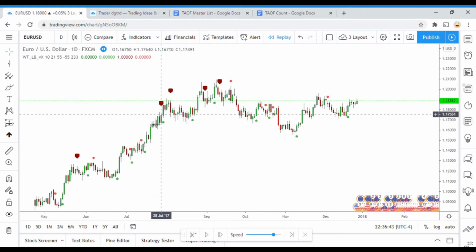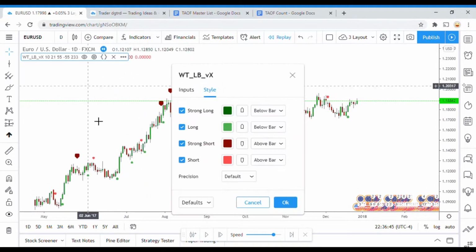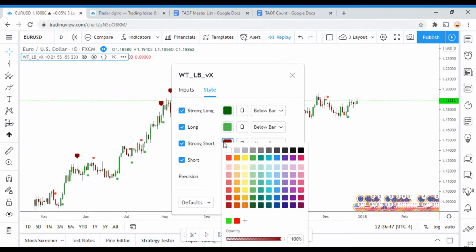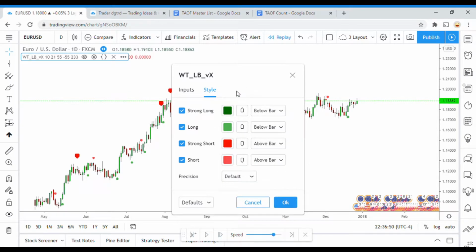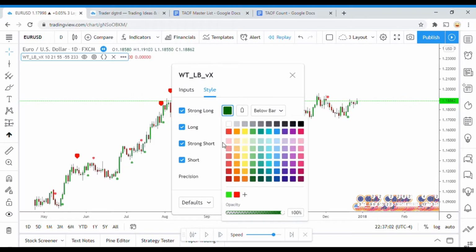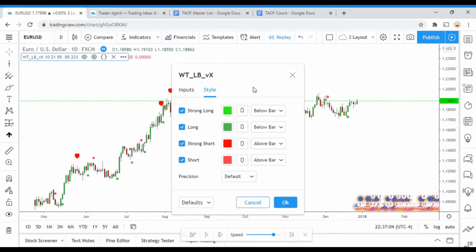It is pretty simple. I'm going to change this, and this is just me being super nitpicky. I don't know why, but when I want a signal to go short, I want it to be red. I don't want it to be a burgundy color. It drives me crazy.